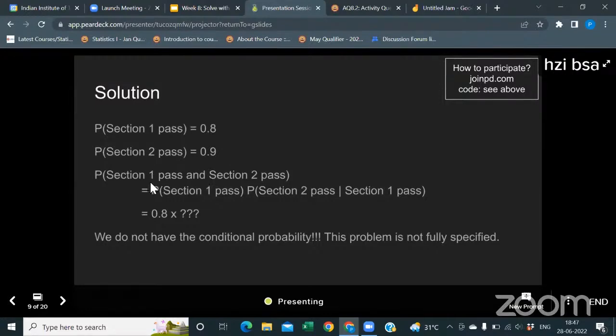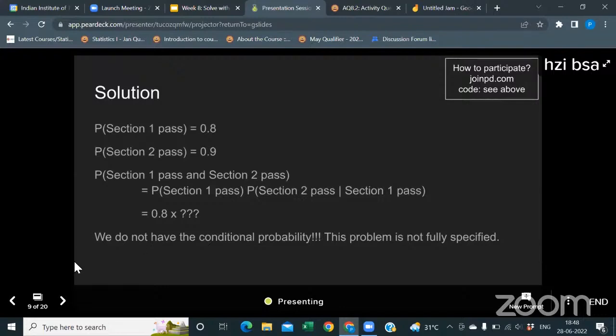But if you want the probability of passing section 1 and section 2, then you need the conditional quantity, which you do not have. You can do vice versa, probability of section 2 pass into probability of section 1 pass given section 2 pass, but again this quantity is not given in the question.